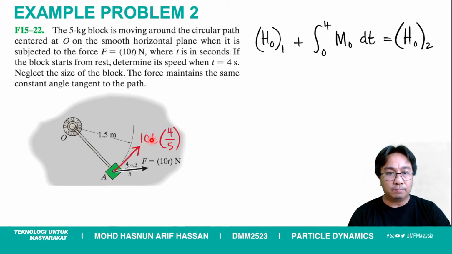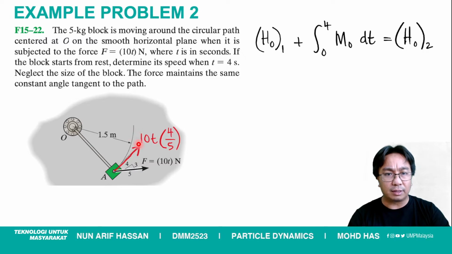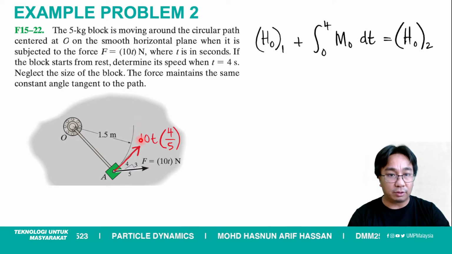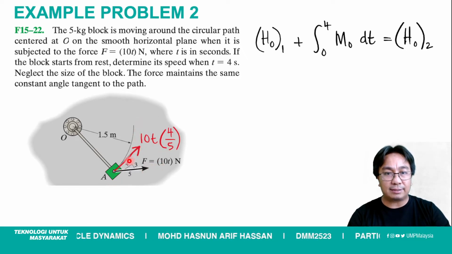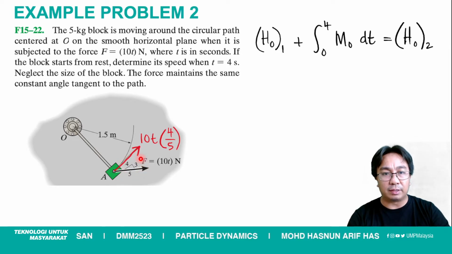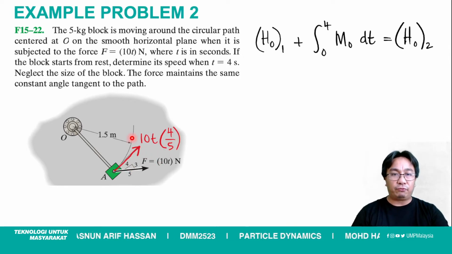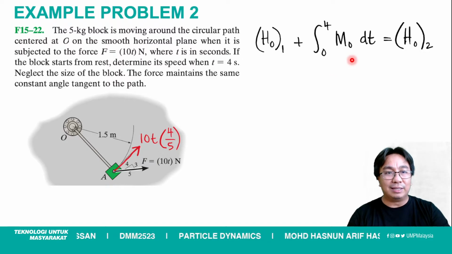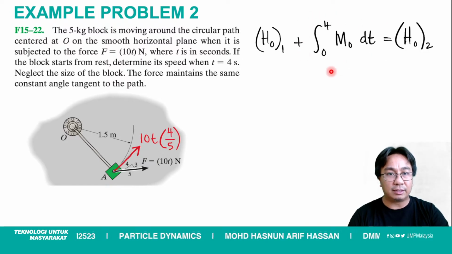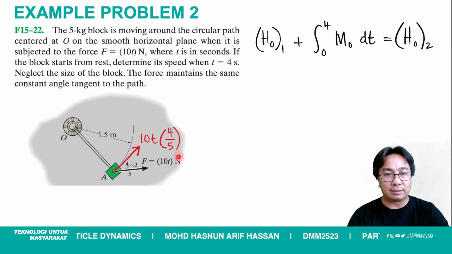So we need to resolve this force into this axis, and what we have is 10t multiplied by 4 over 5. We have a small triangle here, 3, 4 and 5. This side is the cosine of this angle, so it is equal to 4 over 5. This force is the one we should put in the calculation, and not the resultant force of 10t.